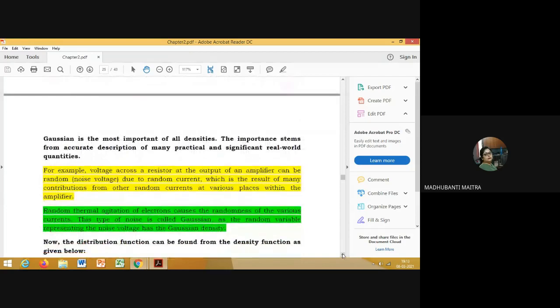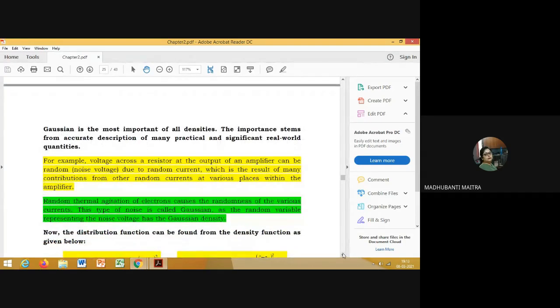We'll discuss Gaussian distributions in detail when we discuss additive Gaussian noise. The Gaussian distribution is very helpful for modeling some particular types of noises.